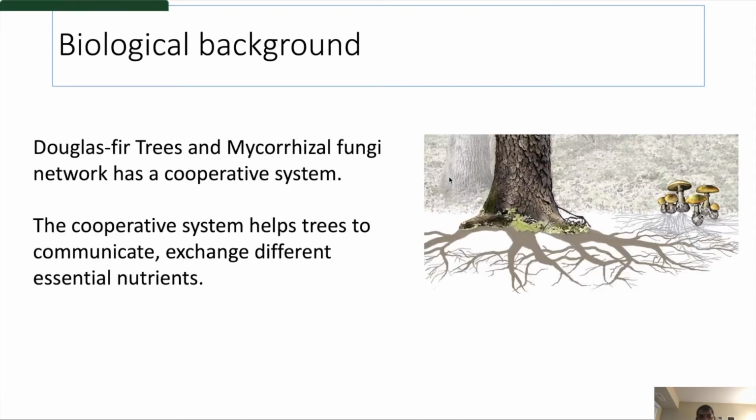The biological background: we built this algorithm on the relationship between Douglas fir trees, as we can see in the picture, and the mycorrhizal fungi network. The mycorrhizal fungi network is linked to the roots of the Douglas fir trees, and this connection facilitates the transfer of nutrients between the network and the trees.